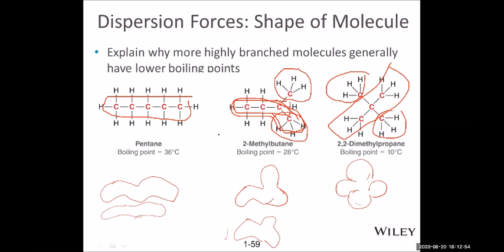It all depends on shape, and the shape affects the packing. But the packing affects how close the molecules are together. When you have molecules with CH3 branches all around, tetrahedral, you don't have very close contact with each other. And that'll make the packing the poorest.